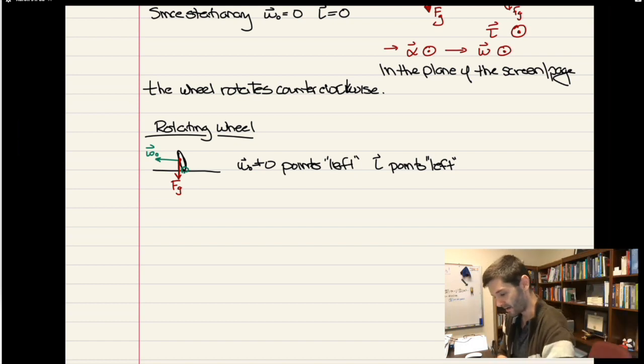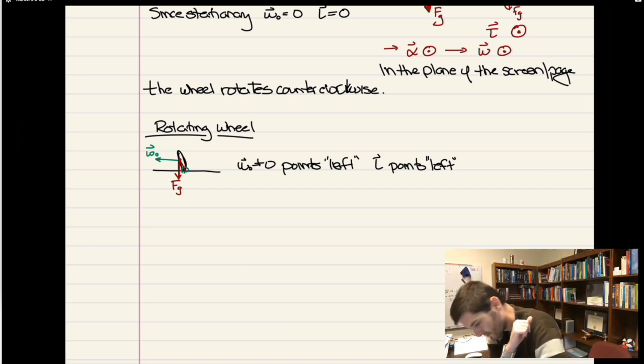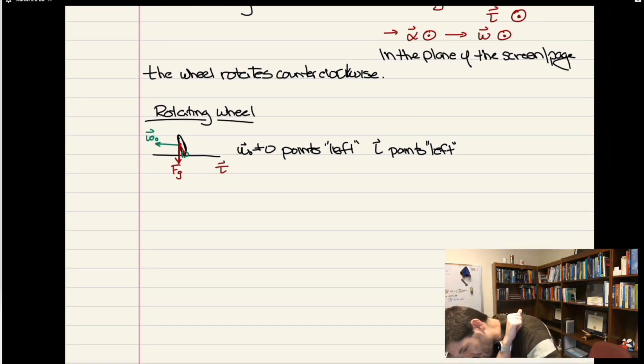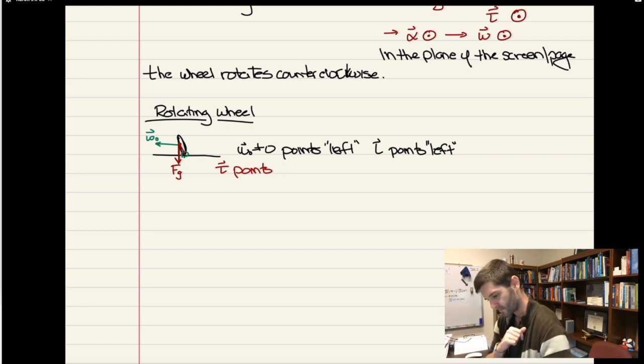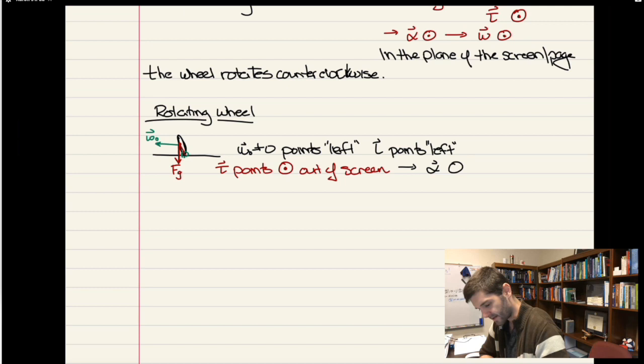There is again a torque that points, in this case, out of the screen, just like what we said before. Torque points out of the screen. So as a result, there is an angular acceleration that points out of the screen.